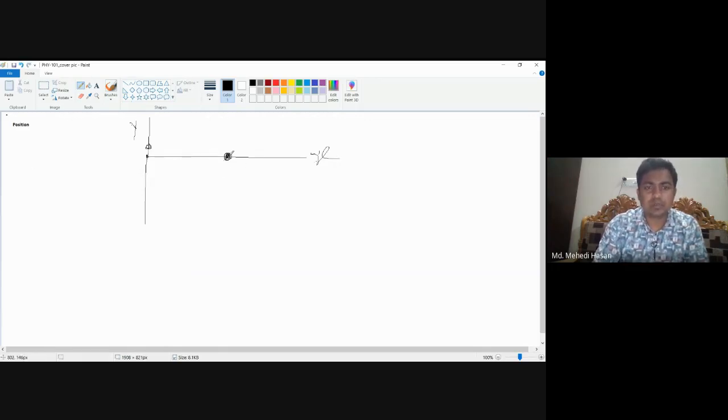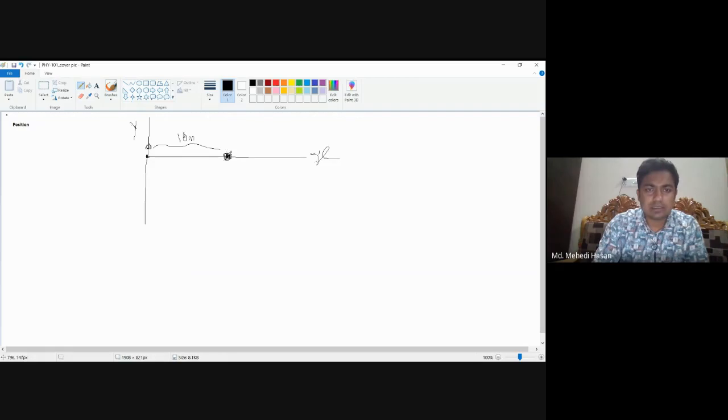Say the position of that object is 10 meters, or 5 meters, or 6 meters, a particular distance from the origin. So if we try to define the position of an object, we have to introduce a coordinate system or a reference point, which is called the origin.